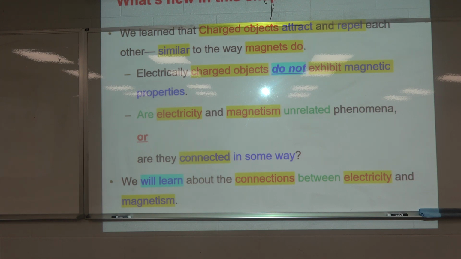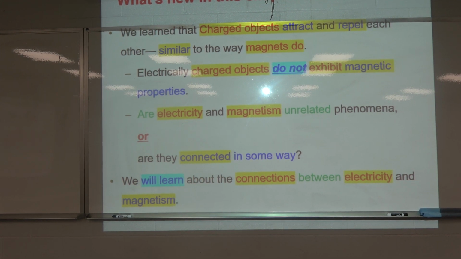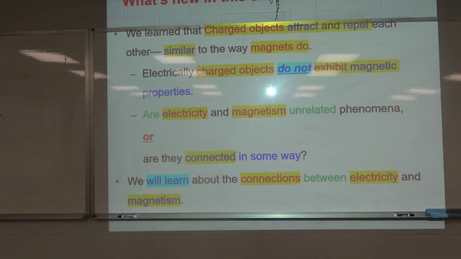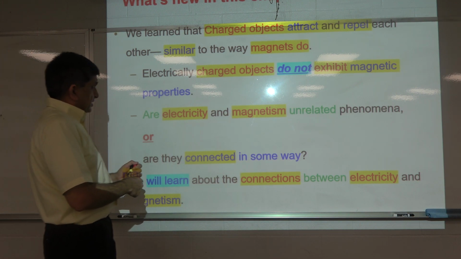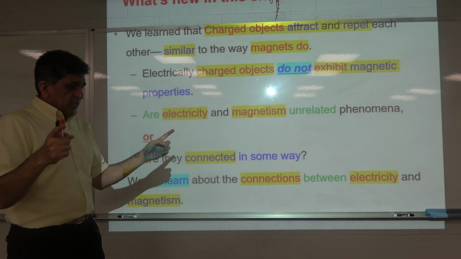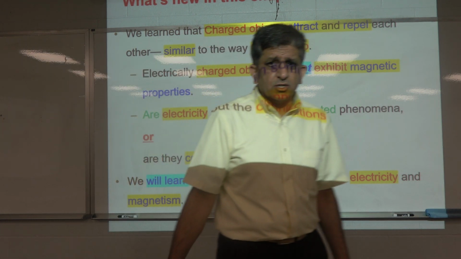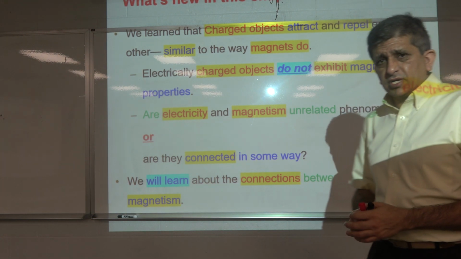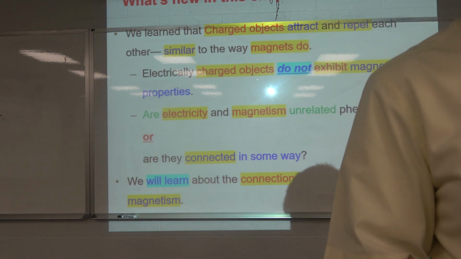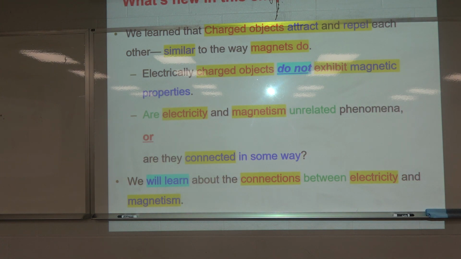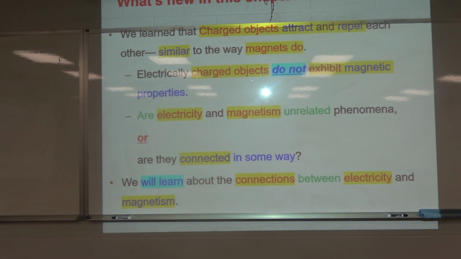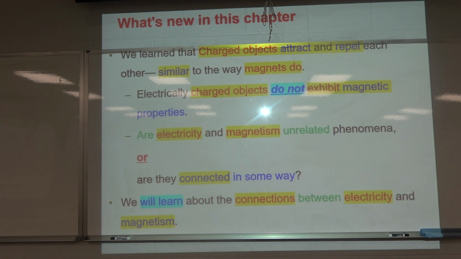Magnets have two poles, and these two poles of the magnets are similar to electrical charges, but electrical charges by themselves do not show the properties of magnetism, right? They just show you the charge. The charge itself does not tell you anything about the magnetic field, right?